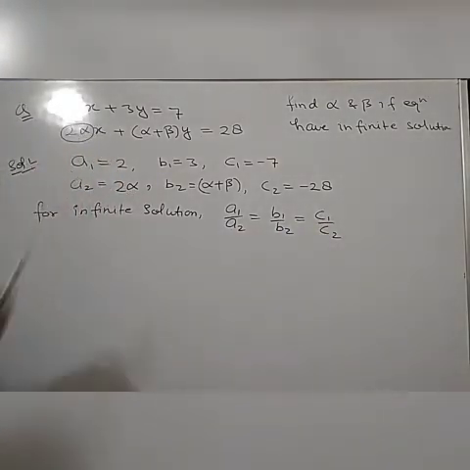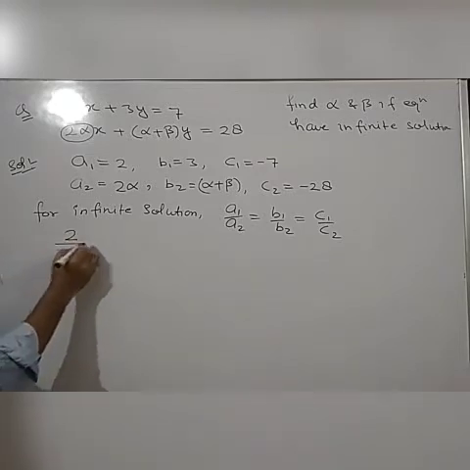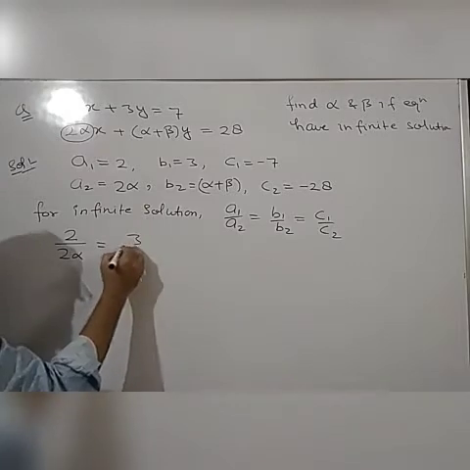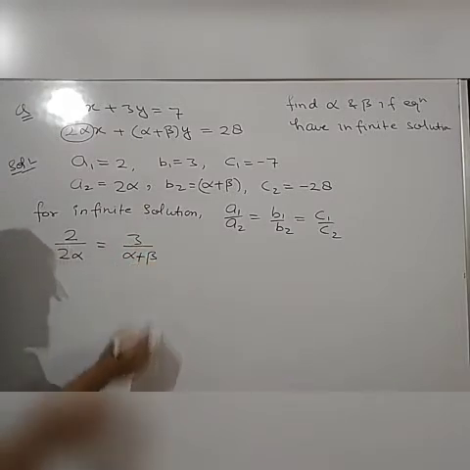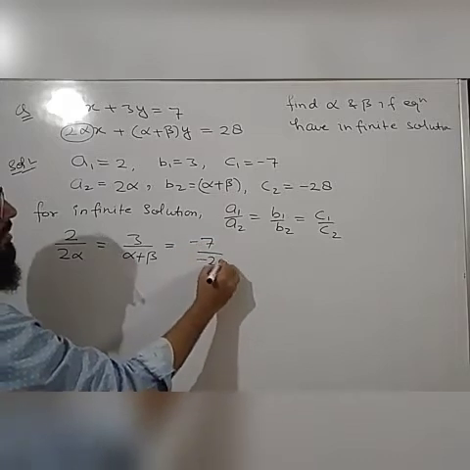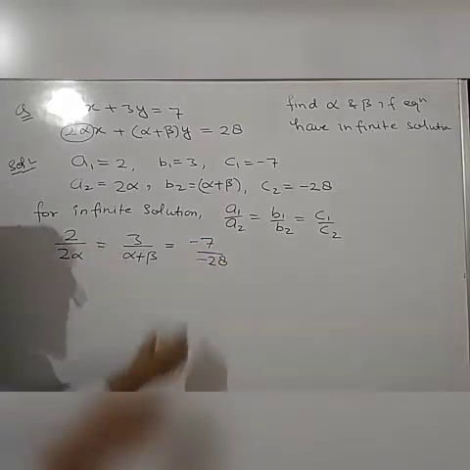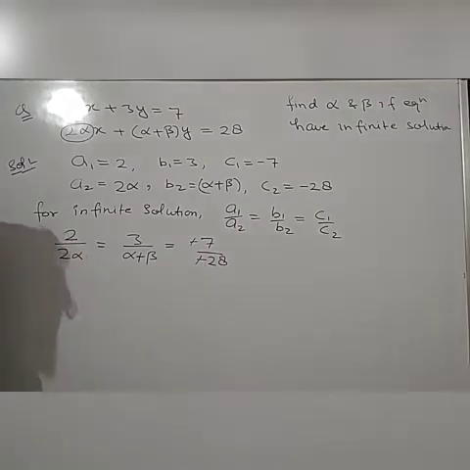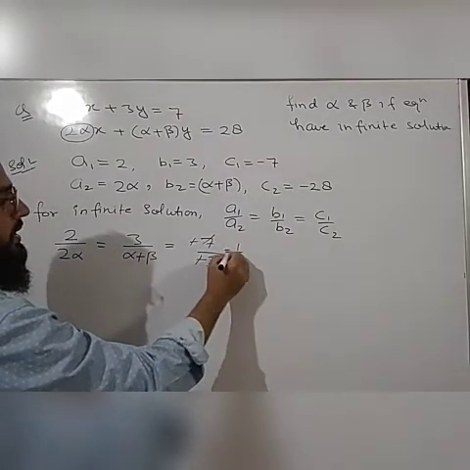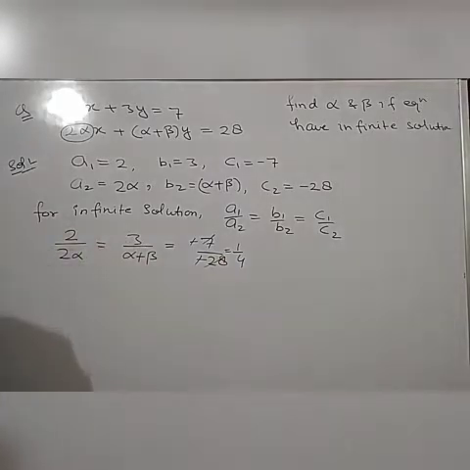So putting these values, we get 2 upon 2 alpha is equal to 3 upon alpha plus beta is equal to minus 7 upon minus 28. Now again this minus sign will be cancelled out. 7 ones are 7, 7 fours are 28. It means it will be equal to 1 by 4.